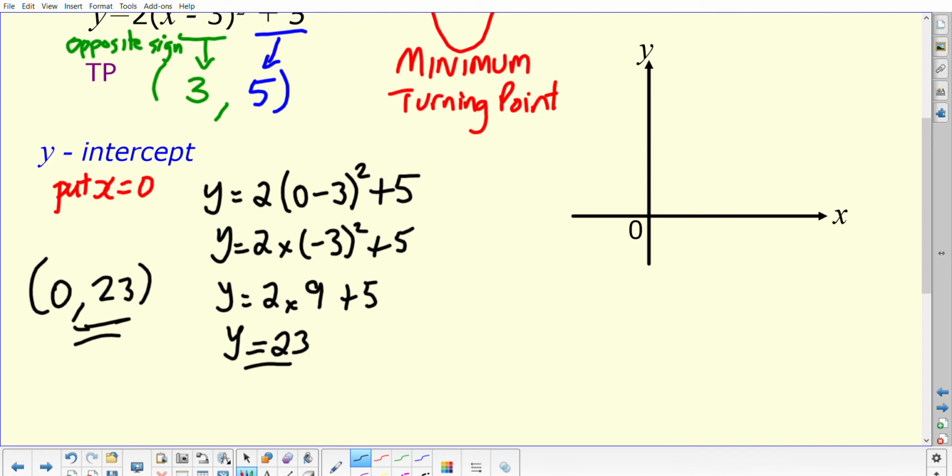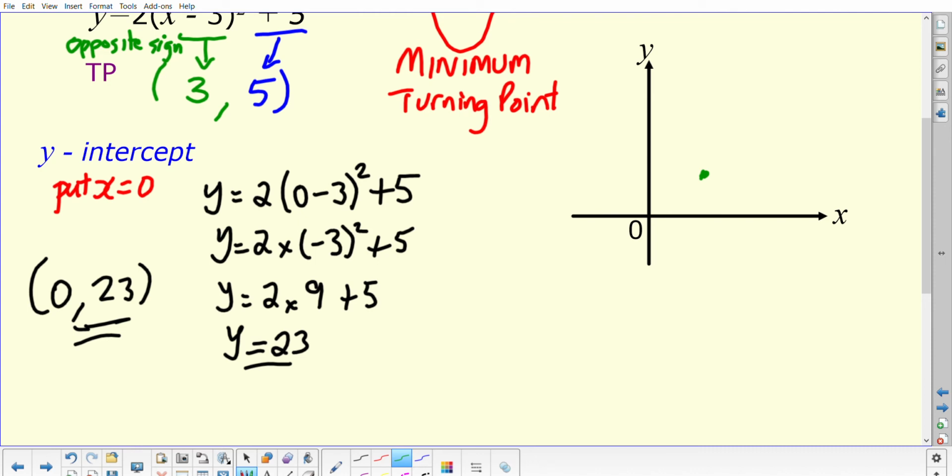Now for your graph, you begin by drawing your axes and plotting very roughly where the turning point is. You're not having to do this on a square grid, it's just on plain paper, a little sketch. What would that look like? We always do the x first, so roughly 3 along, 5 up, and you position your point.